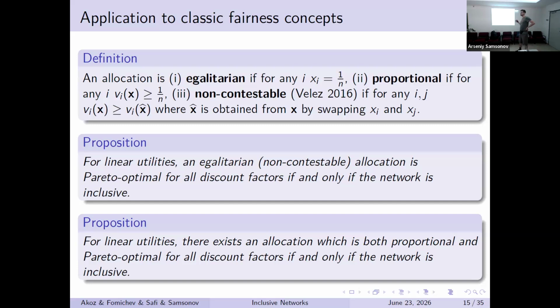In our linear setting, this boils down to something very simple. If Ron has more than I do, then of course I'd like to switch with Ron, so that I get more, because it's a linear world. So what do you say? Non-contestable means exactly equal?